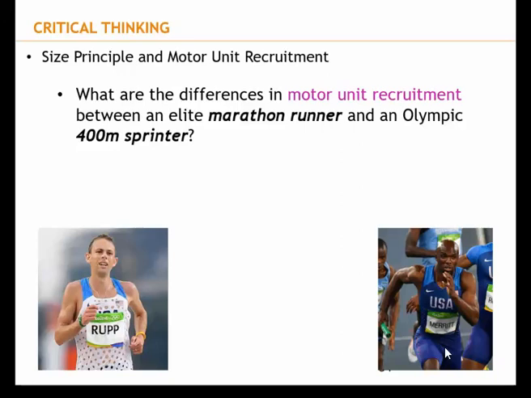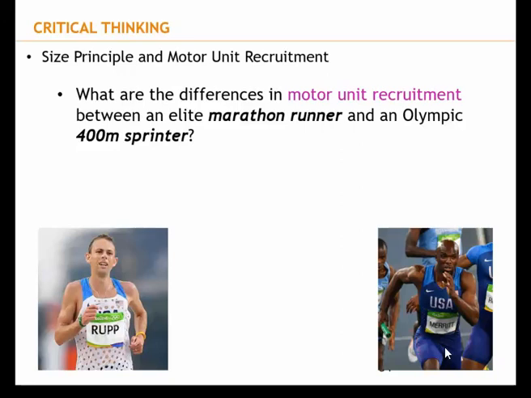So think about the difference between synchronous recruitment and asynchronous recruitment. Also, think about type 1 motor unit recruitment versus type 2 fiber motor unit recruitment. Think about the size of the motor neuron or motor unit pool. So think about if we're recruiting 50% of our motor units or 100% of our motor units in a muscle.